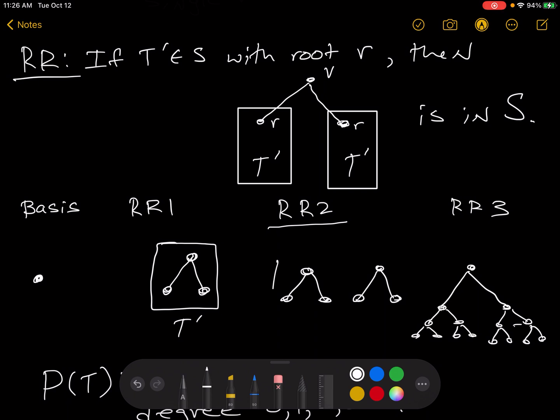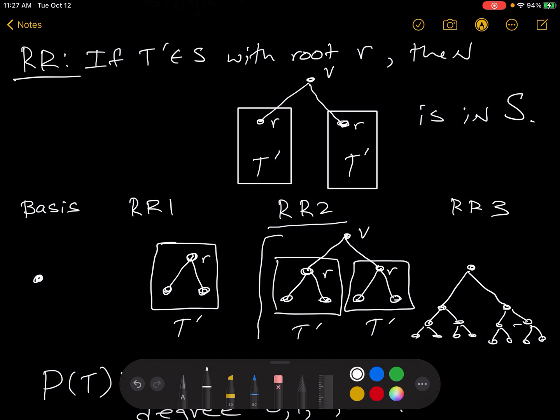We make 2 copies of T prime, right next to each other. We create a new vertex, call it v, and we connect that new vertex to each of the roots in each of the copies of T prime. And that's how things are created.